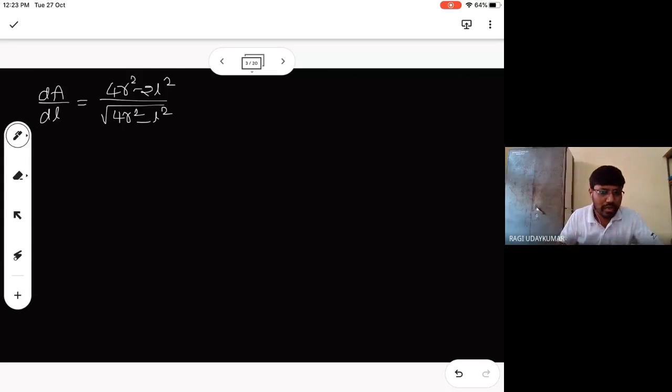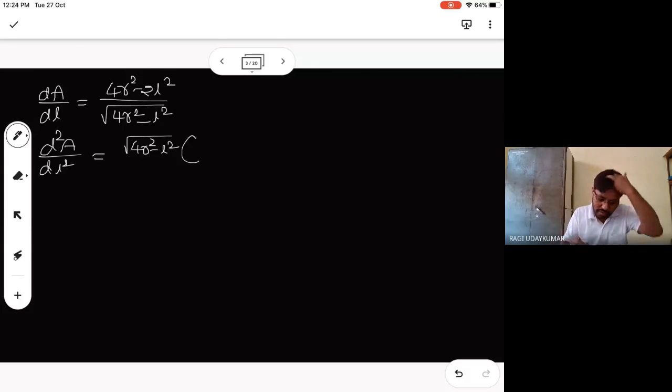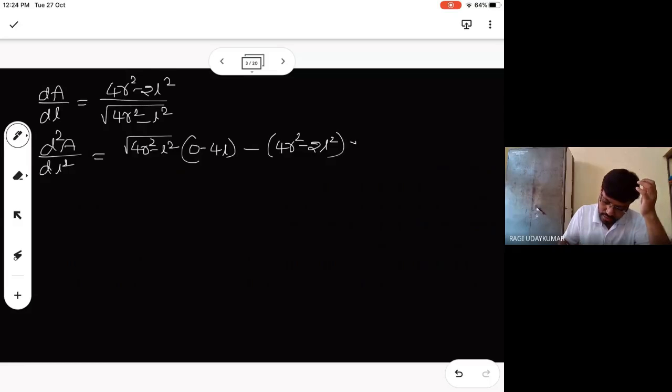So whenever you take into consideration that value, d square A by dL square also you have to find out. This is a little lengthy. Find it out by the U by V method: under root of 4R square minus L square into the derivative of 4R square minus 2L square, which is 0 minus 4L, minus 4R square minus 2L square into 1 by 2 root x.